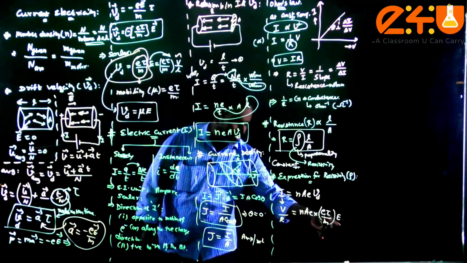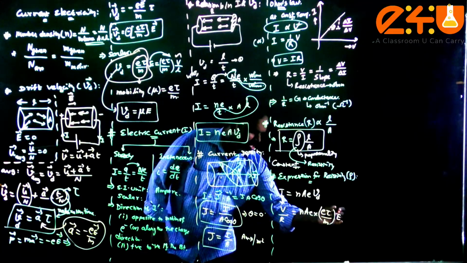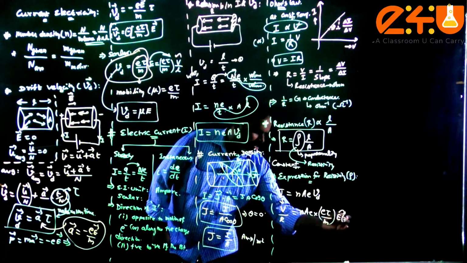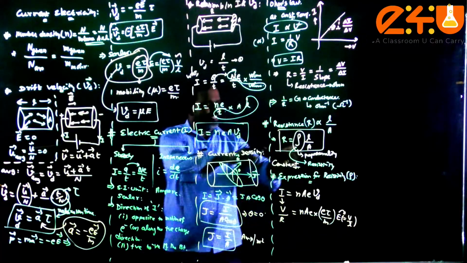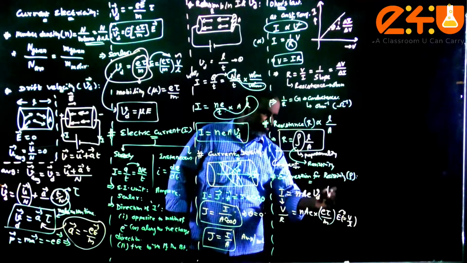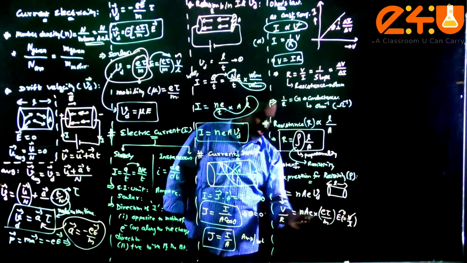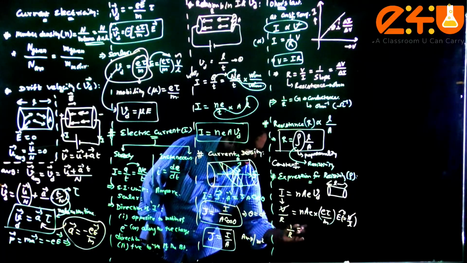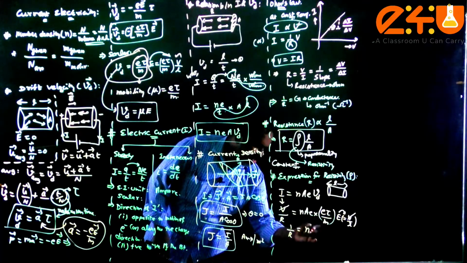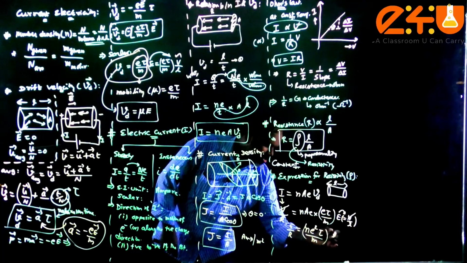Since electric field can be written as potential gradient, this E can be written as voltage by length, where L is the length of the conductor. So this voltage term gets cancelled out. Therefore 1 by R is equal to N e square tau divided by m into A by L.